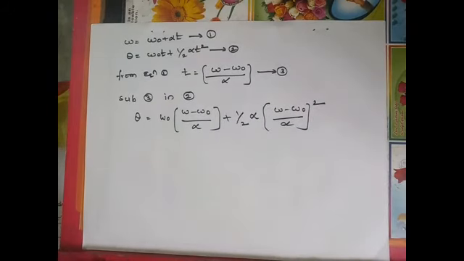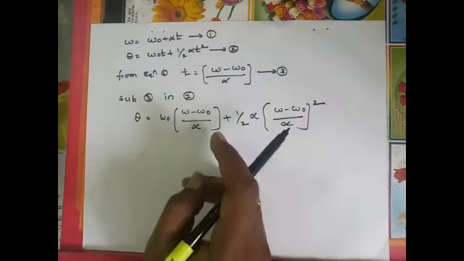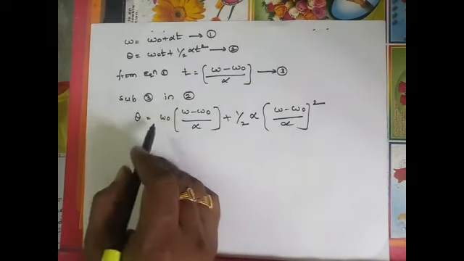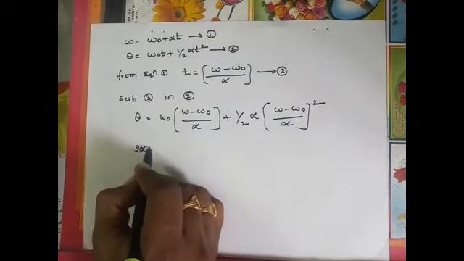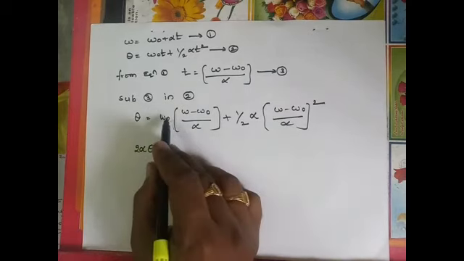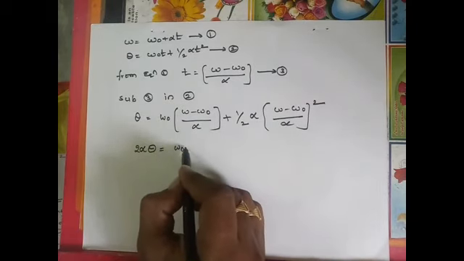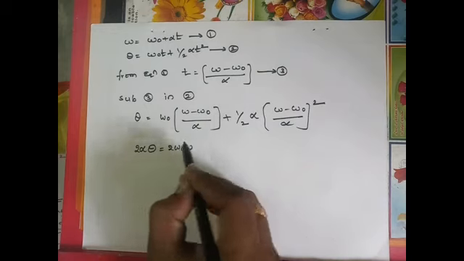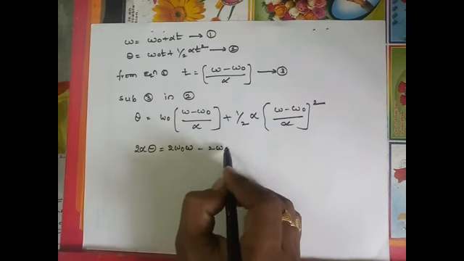Let us multiply inside and take common. We get 2 alpha theta equal to, multiplying inside, 2 omega naught into omega minus 2 omega naught square.